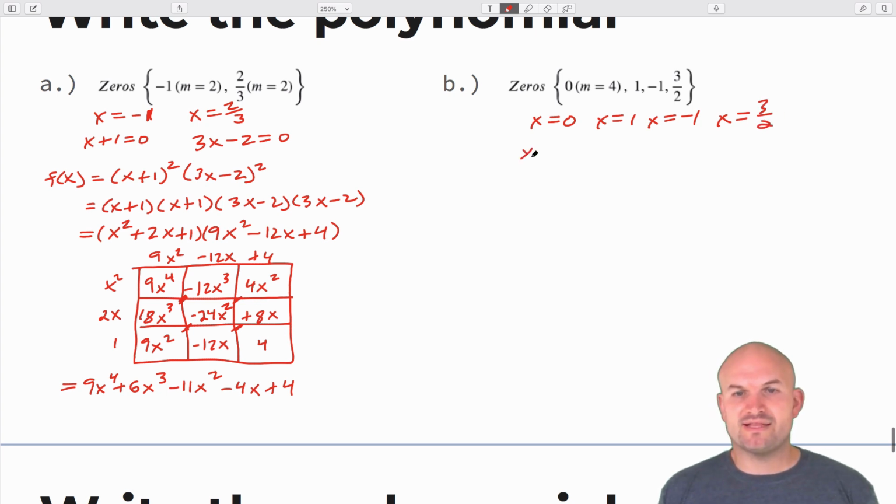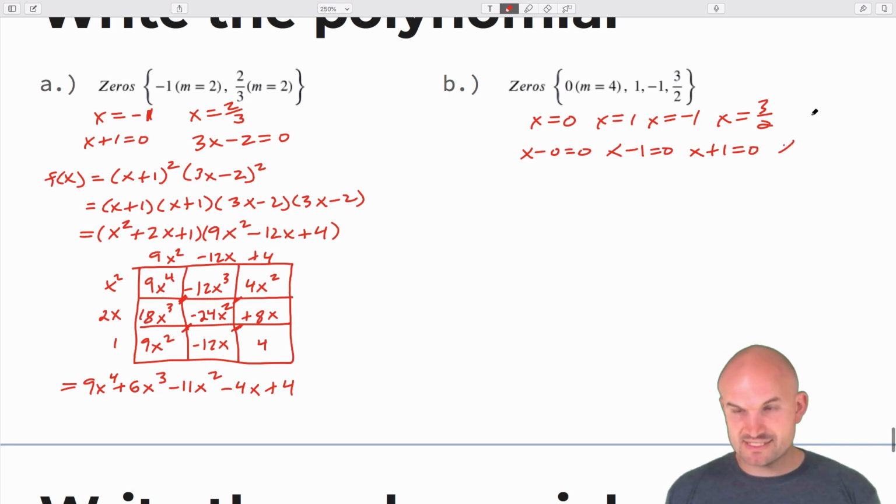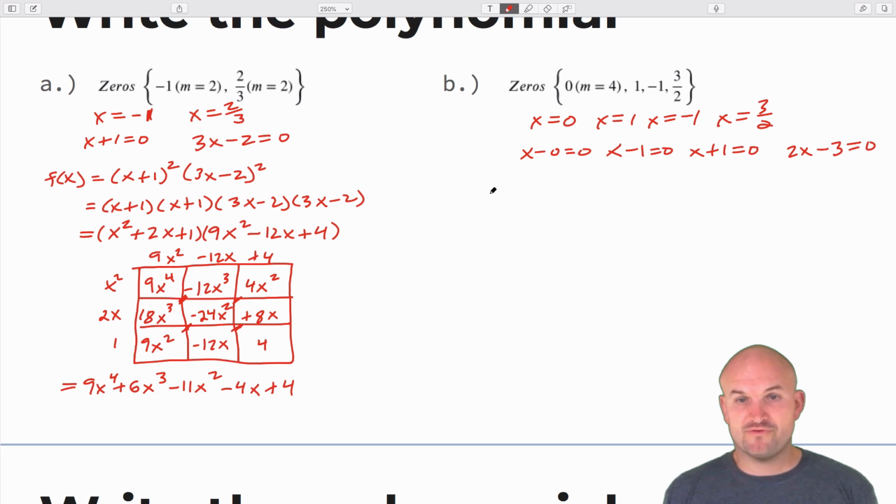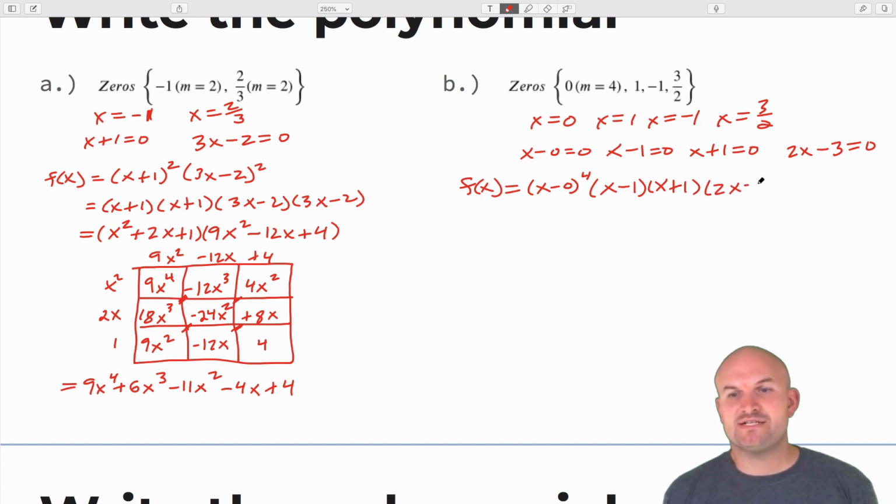So you could write this as x minus 0 equals 0, x minus 1 equals 0, x plus 1 equals 0, and then for the fraction, instead of writing x minus 3/2, I'm going to multiply the 2 and then subtract the 3. So now I'll write this in my factored form. It's going to be x minus 0 raised to the 4th power, then x minus 1 times x plus 1, and then times 2x minus 3.